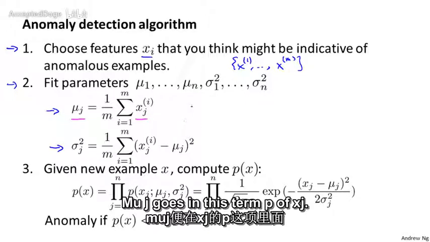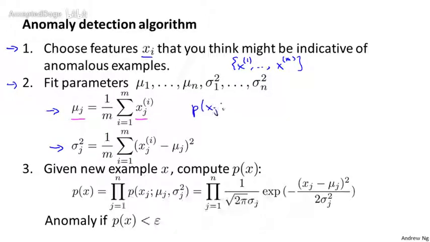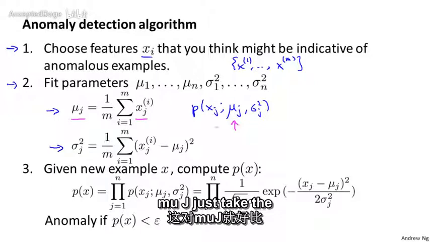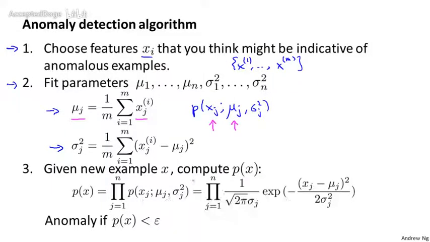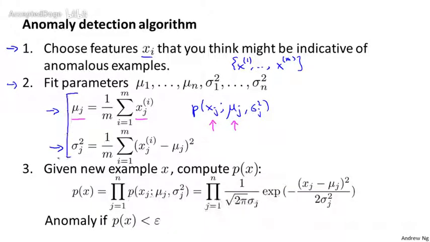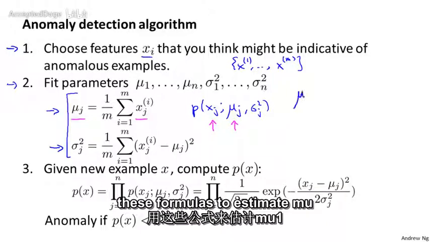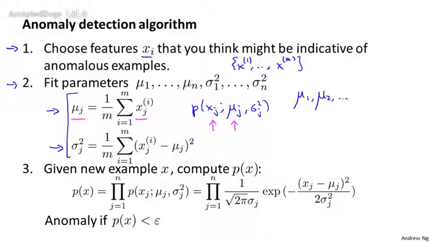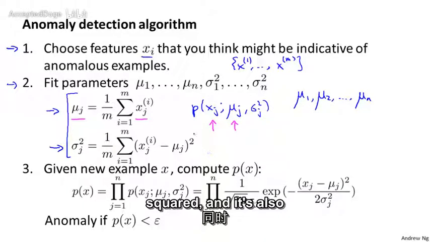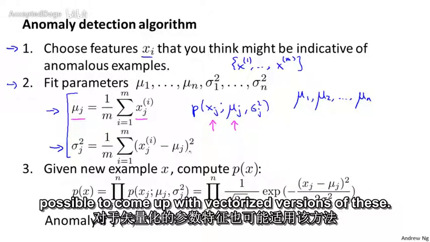So mu j goes in this term p of xj, which is parameterized by mu j and sigma squared j. For mu j, just take the mean over my training set of the values of the j-th feature. You compute these formulas for j equals 1 through n, so you use these formulas to estimate mu1, mu2, and so on up to mu n, and similarly for sigma squared.